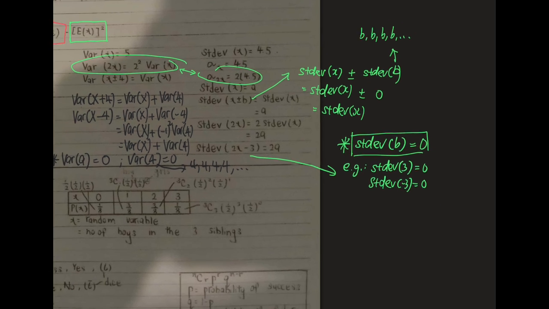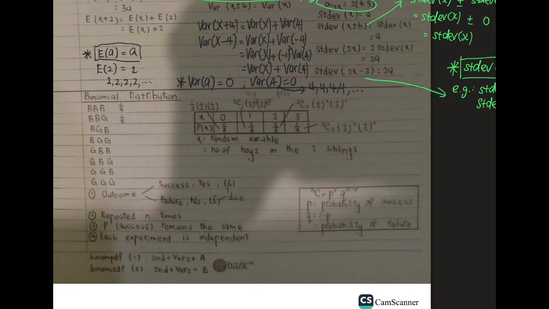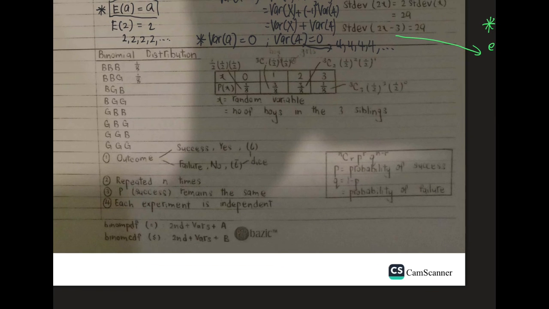Okay, now binomial distribution. Binomial distribution is applicable to the same scenario just now. You remember just now the number of boys in the 3 siblings, right?